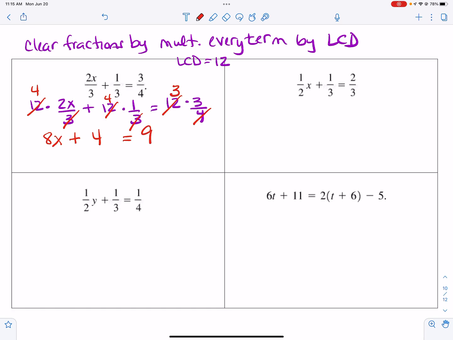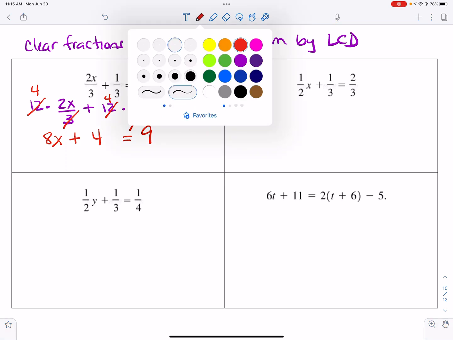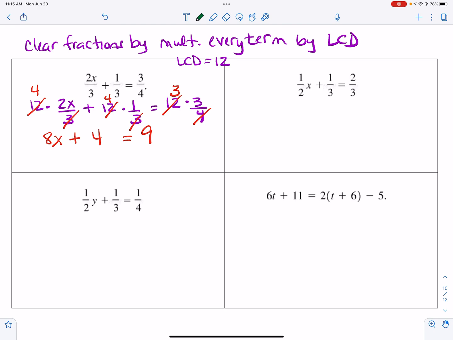And once you clear the fraction, guys, this is a much easier problem to look at. And don't be alarmed if you get a fraction for your answer. That does not mean that you're incorrect. So I'm going to subtract 4. So I get 8x, that goes to 0, is equal to 5, and then I divide through by 8. So my answer is 5/8.